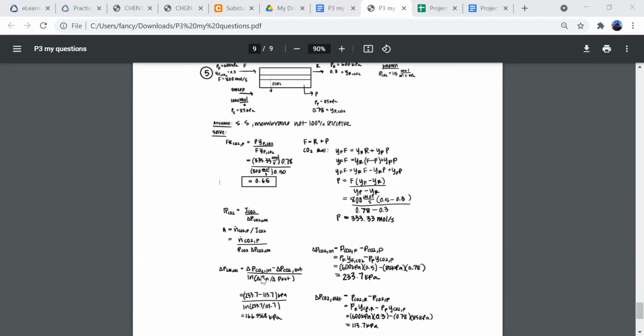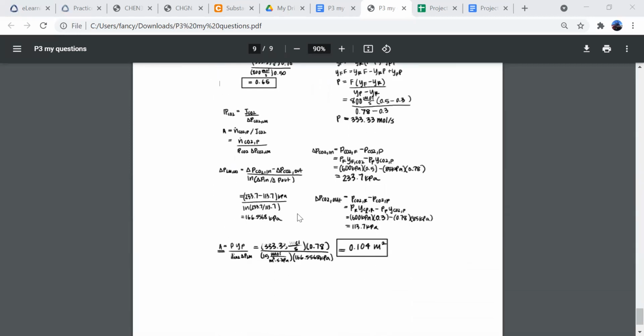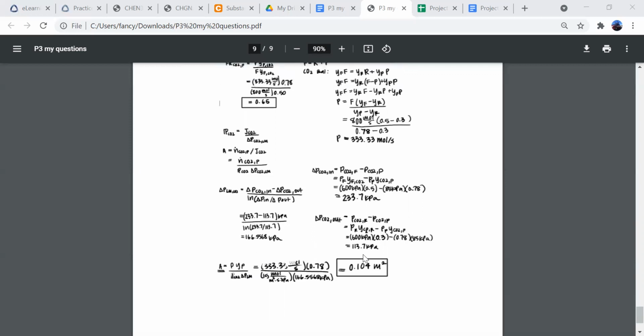And we need the driving force for this separation to occur, which is the log mean pressure difference of the CO2. And so first you have to find the partial pressure of the CO2 coming in and the CO2 leaving. Once this value is given or found, you can plug everything in since everything is known, and this is the required area, which is pretty small.